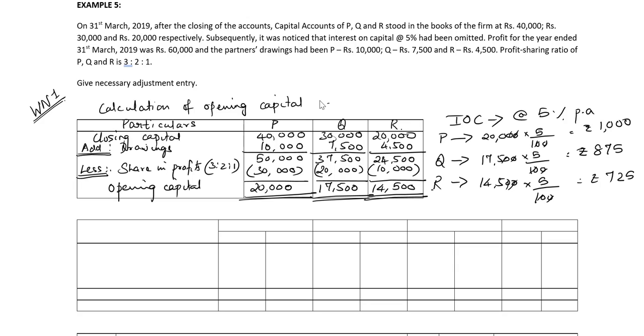Next is the working note 2, table showing adjustment to be made.